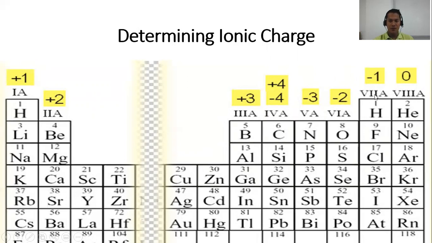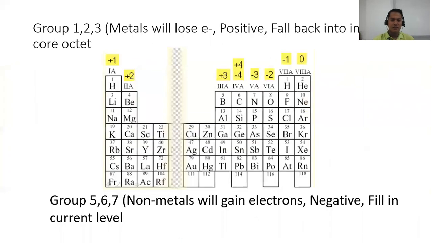Group 7, they will gain 1. Remember, 8, oct, means full energy shell. So 0 because they are full. They will not gain. They are all stable elements: neon, argon, krypton, xenon, radon.